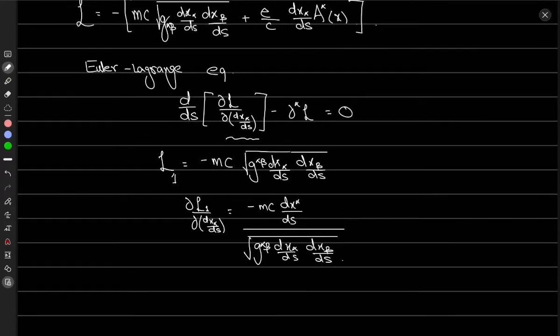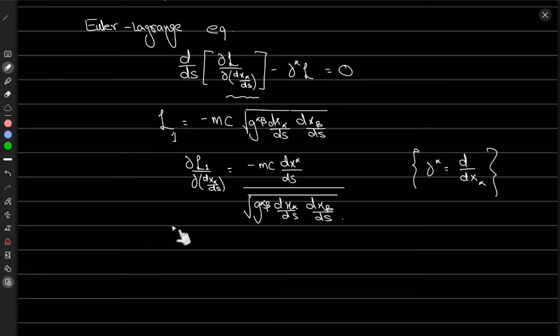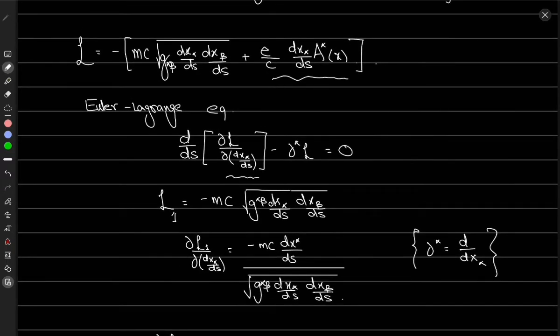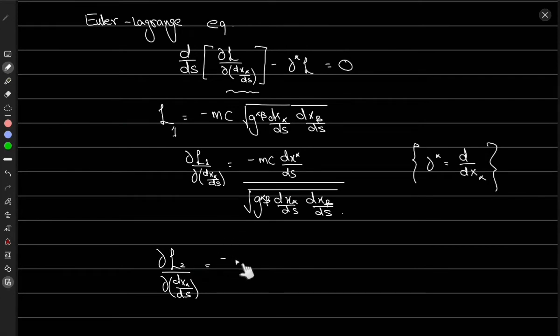Now, just a reminder that when I write this as partial alpha, it just means d over dx alpha, right? So this is just a side note. Now, the second part of the Lagrangian, let's take the derivative for that, which would be L2, so curly L2, partial over partial dx alpha over ds. This is equal to, if you look at the Lagrangian, this just turns out to be minus e over c A alpha of x.